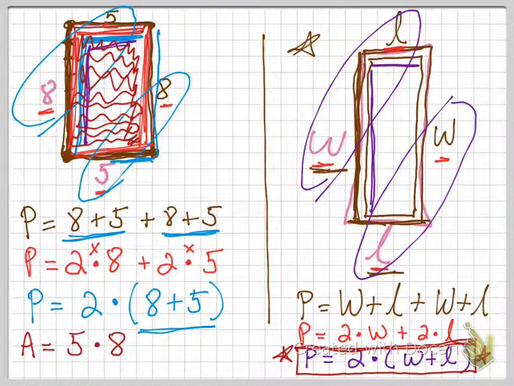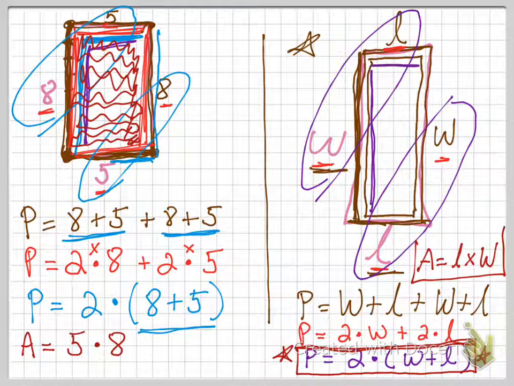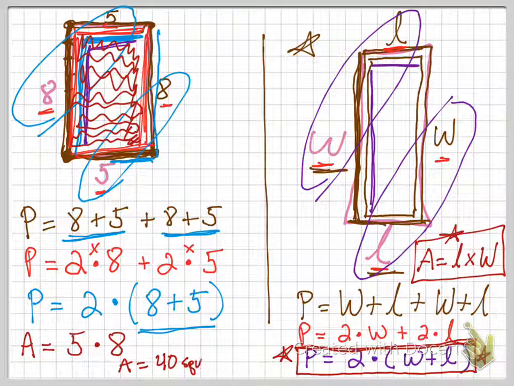And then over here, A equals length times width. This is the formula that we are going to focus on when we figure out area. Over here, A equals 40 square units.